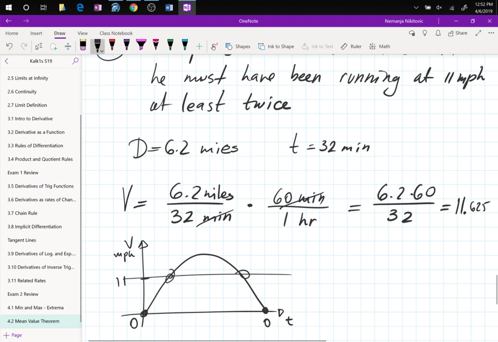So that's how we know that at least twice he hit 11 miles per hour. And that's it.